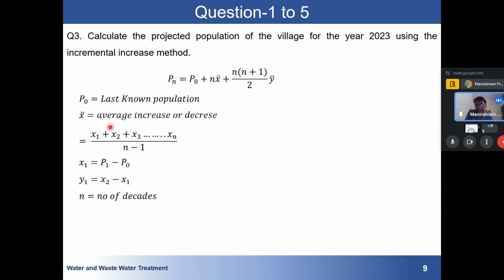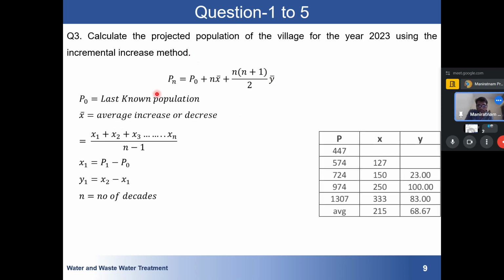So they have seen some kind of relation, and if you do some calculation, you can derive this equation depending upon the data. Here we know the population, they have calculated x and y by dividing x1 minus x naught.